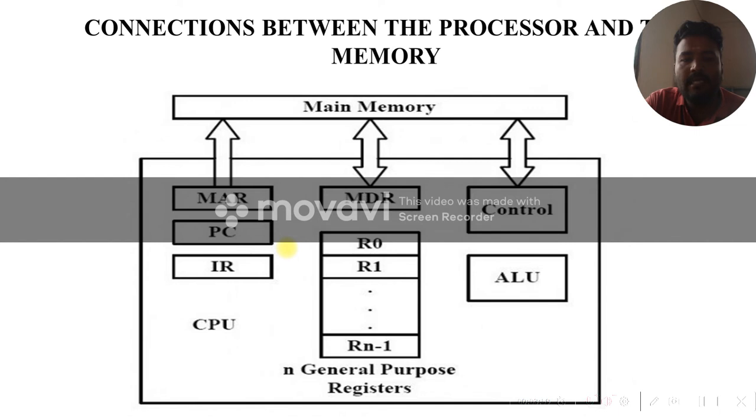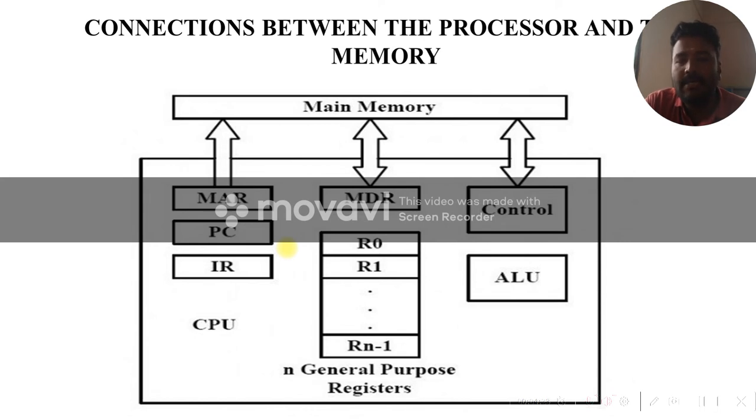The next ones are R0, R1, R2 followed by Rn-1. This is nothing but the general purpose registers. By using these general purpose registers, we are able to process bit by bit allocation of memory, bit by bit storage of a memory space, or bit by bit retrieval of particular data from a huge set of memory space from the CPU.